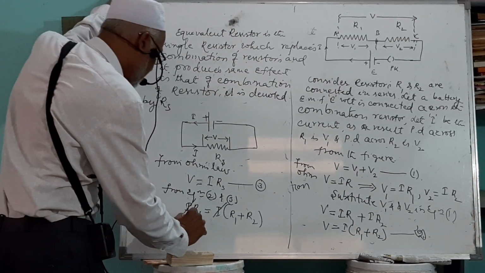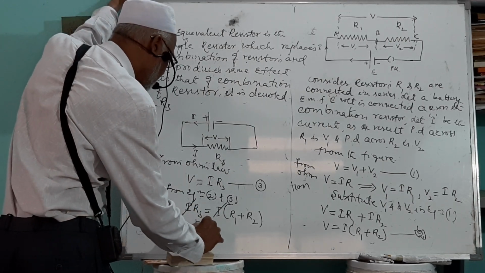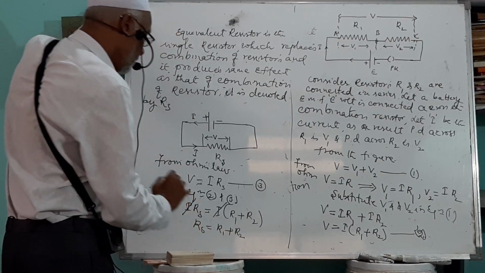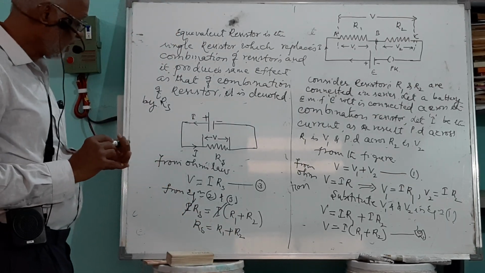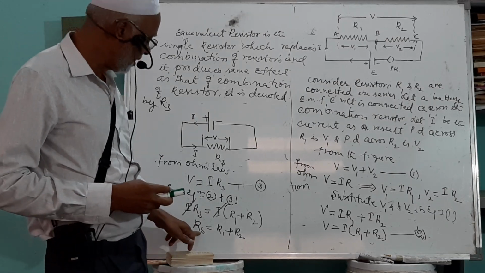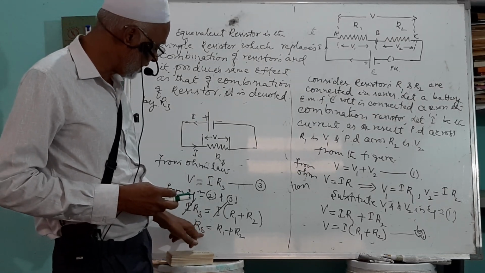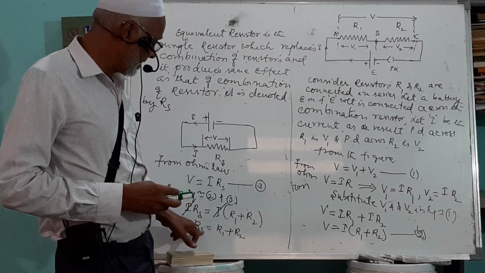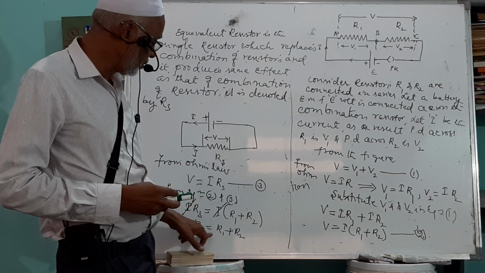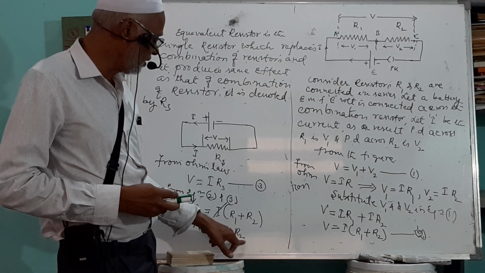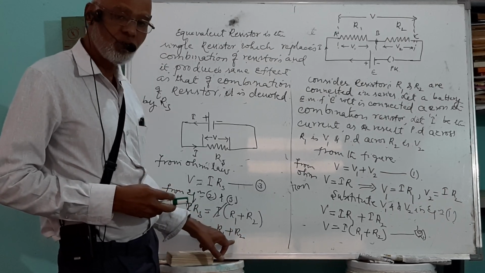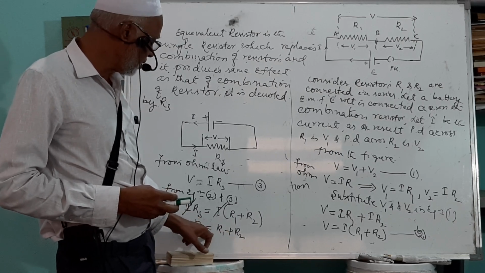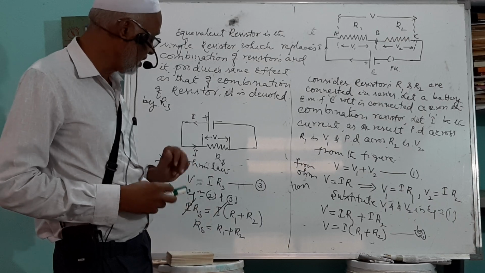What is left is Rs equal to R1 plus R2. This expression is the single equivalent resistor in series combination. So the equivalent resistor in series combination is equal to the sum of the individual resistors, R1 and R2.